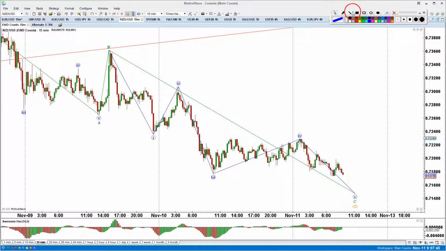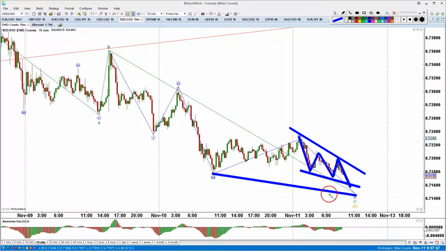Here we have it. There is the divergence between the 3 and the 5, which is here 1, 2, 3, like an ending diagonal, 5, something like this, to keep this divergence.